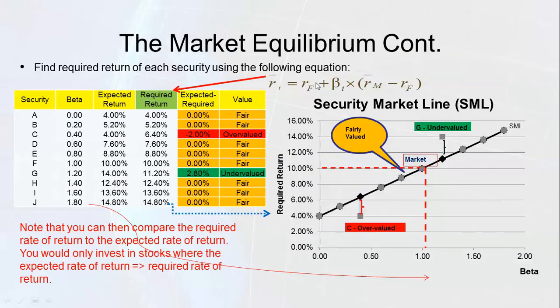So I find the difference here: expected return minus required rate of return.